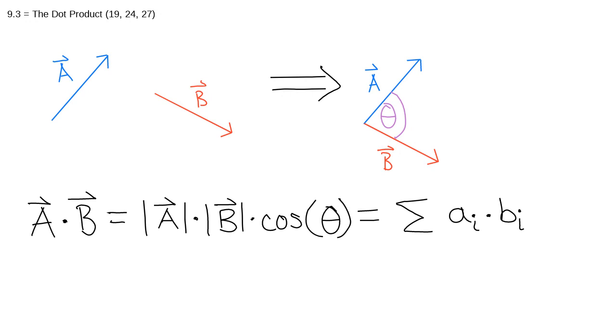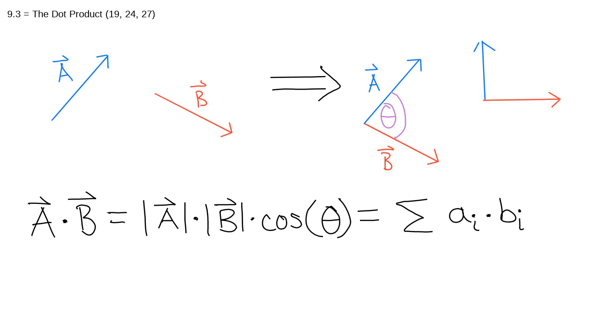So let me ask you something. What happens if A is perpendicular to B? What happens to the angle? If A is perpendicular to B, what is the angle? 90 degrees.